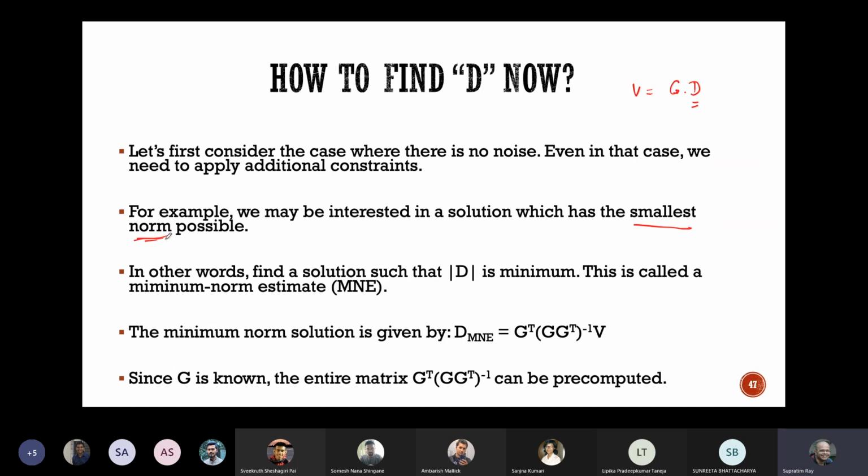Now, what do I mean by norm? When it comes to a vector, suppose this is a column vector, D is D1, D2 to Dn.